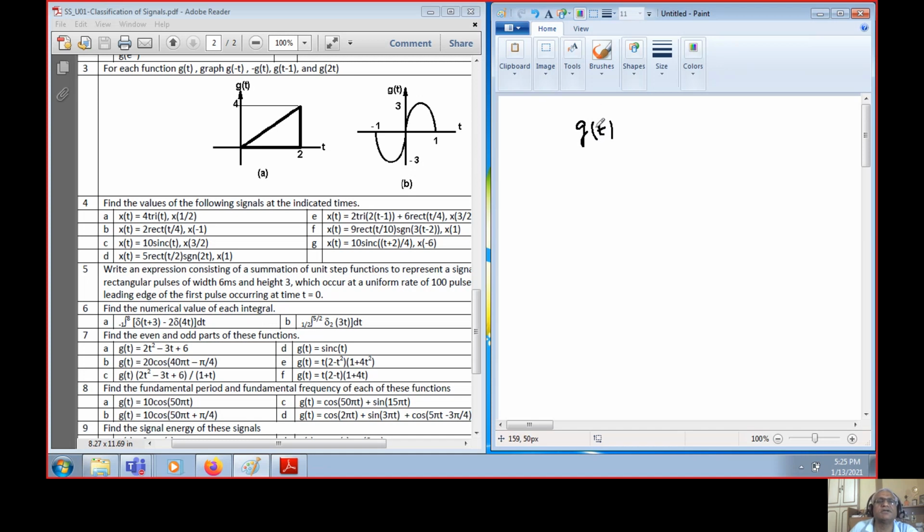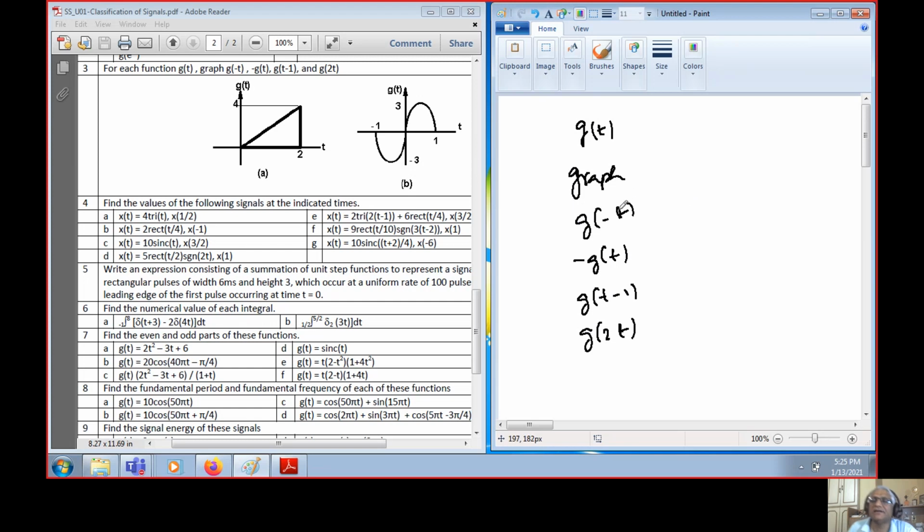For each function g(t), graph g(-t), -g(t), g(t-1) and g(2t).